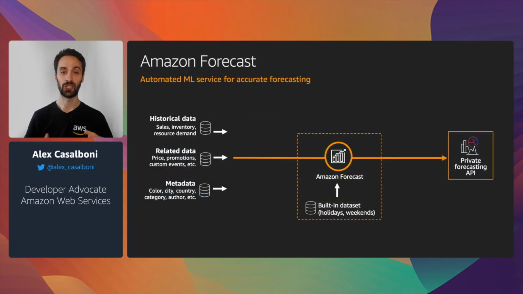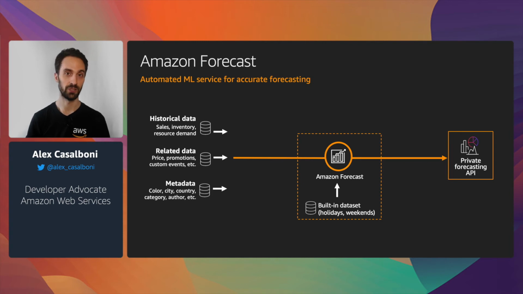So internally, we built Amazon Forecast that is now available to you as well. Similarly to Fraud Detector that I mentioned before, and to Rekognition Custom Labels, Forecast allows you to provide input data. In this case, we're talking about historical data, so who bought what.